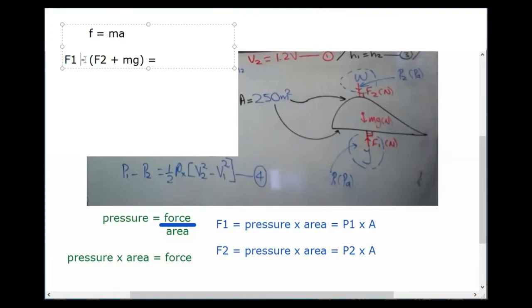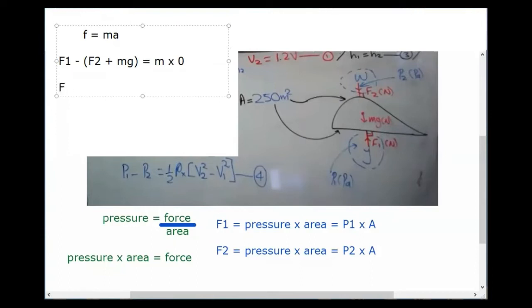Right? Equals ma. Mass is m. What is the acceleration? 0.